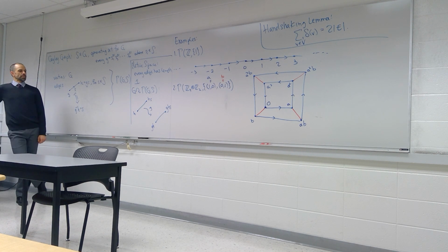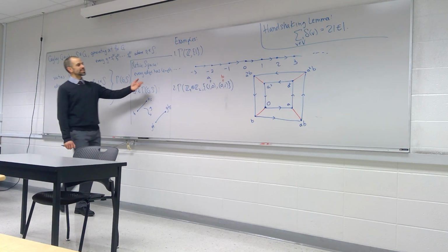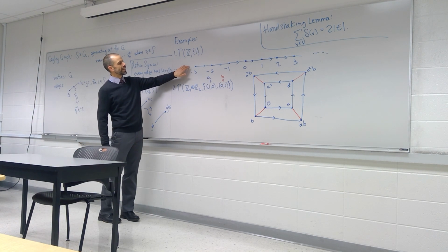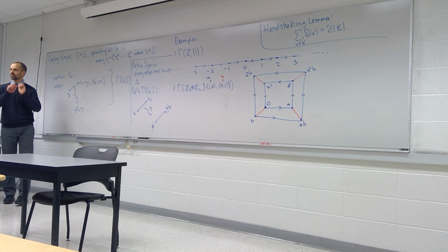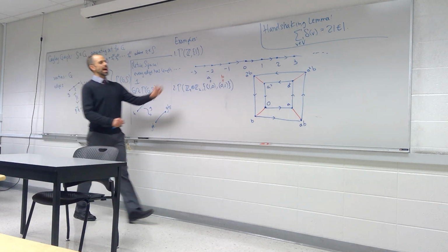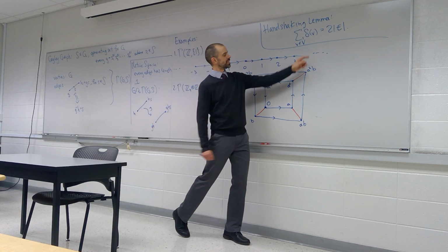So for abelian groups, this doesn't matter. For non-abelian groups, it is important that we keep track of the left side and the right side. Okay. So this defines a nice action. In fact, the action here of Z on the Cayley graph is exactly the action I told you at the beginning of class of the integer translations. If you just add on an integer to 0, you're just going to send that to the corresponding thing.